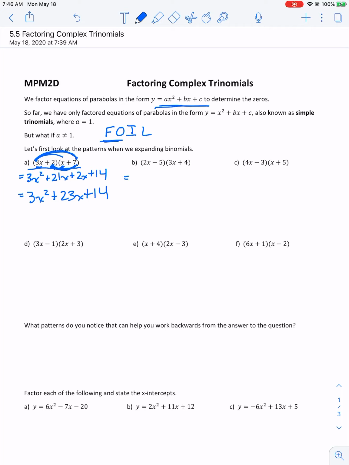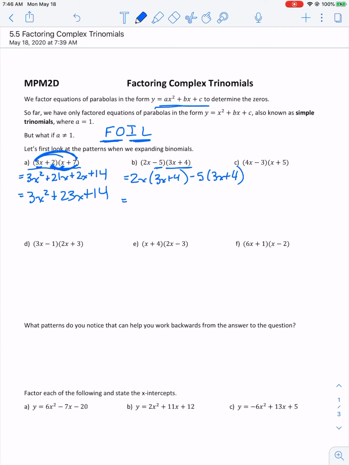So basically you're doing 2x times 3x plus 4. And then for the I and the L in FOIL, you're taking the second term in the first bracket and multiplying it by the second bracket. So that would be minus 5 times 3x plus 4.